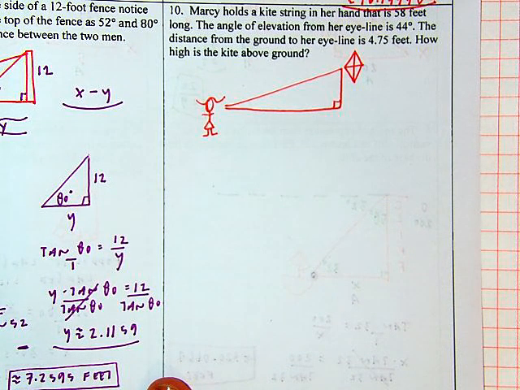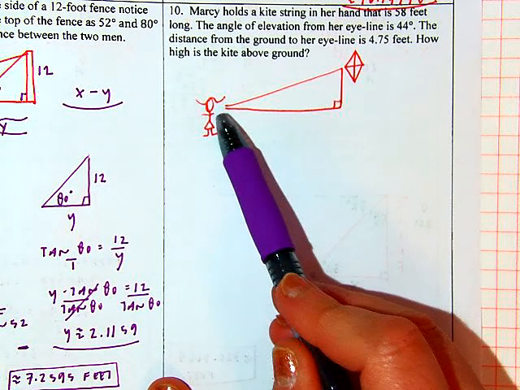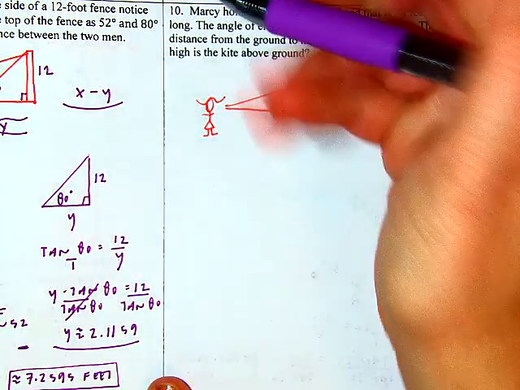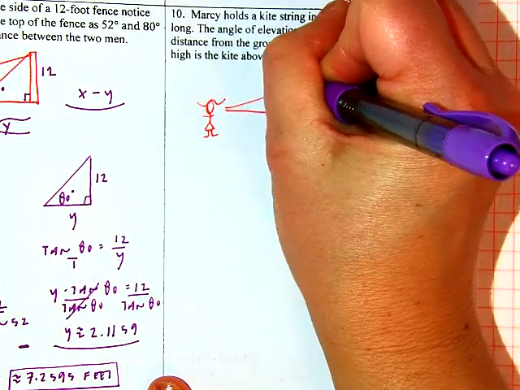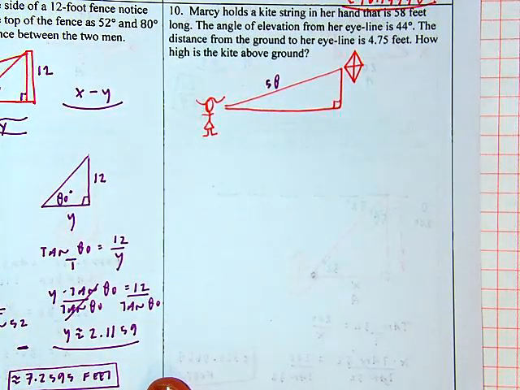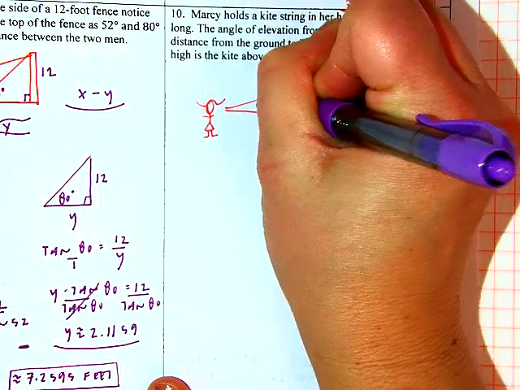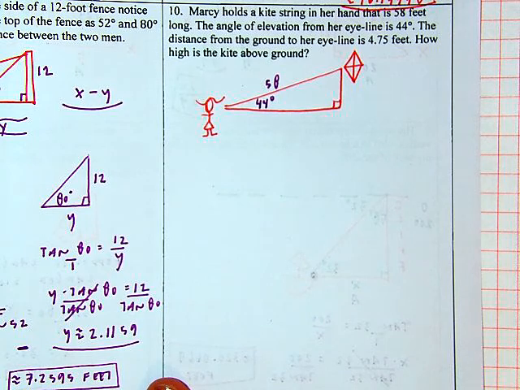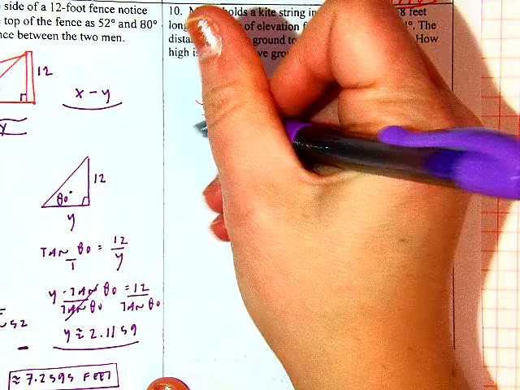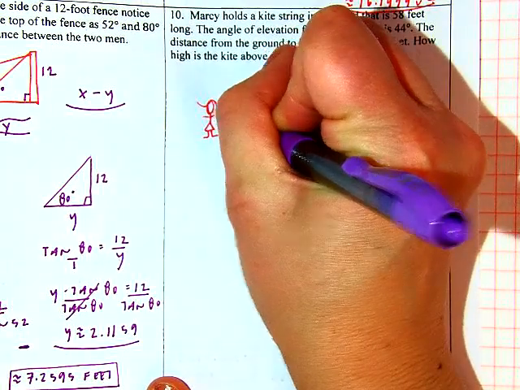So the string, 58 feet long. So from Marcy to the kite is 58 feet long. The angle of elevation from her eyes, right, always from that horizontal, is 44 degrees. Okay, let's see. The distance from the ground to her eye line is 4.75 feet.